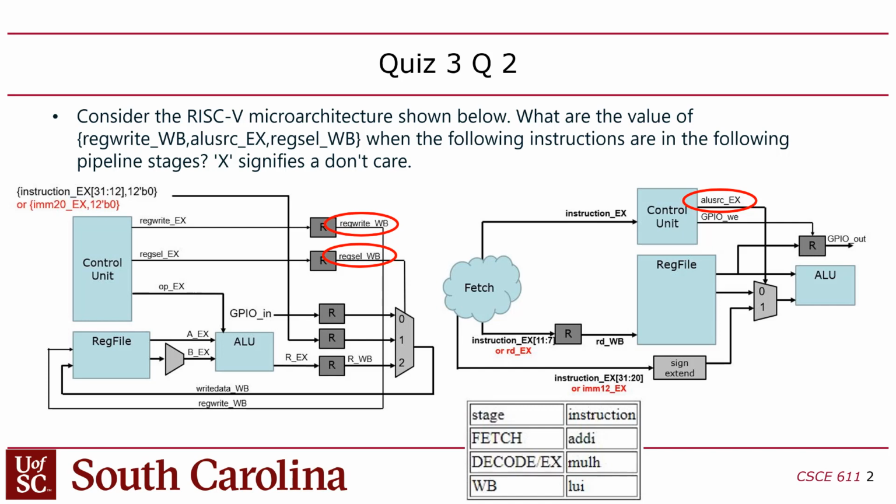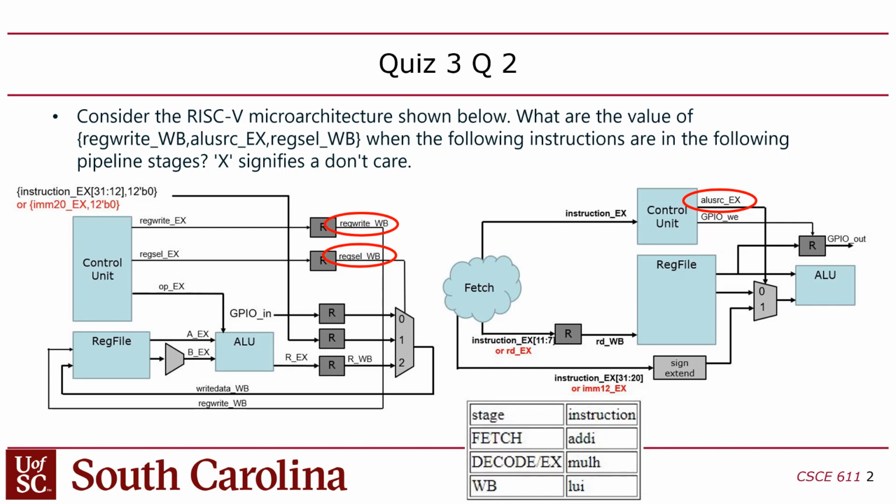ALU source is corresponding to the mulH. So ALU source is this guy again. So mulH, it's not an immediate instruction, it's a register instruction, so we should be using the register input, so 0, right? ALU source should be 0.